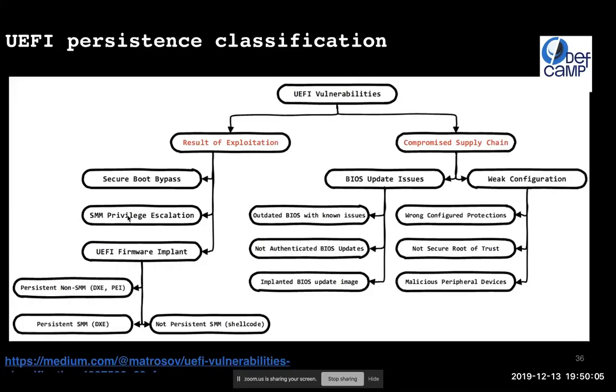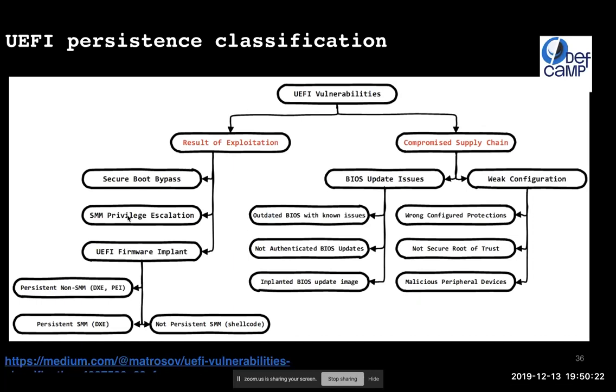Let's talk a bit about the UEFI persistence classification. We have two major ways malicious code can persist: as a result of exploitation and by compromising the supply chain.